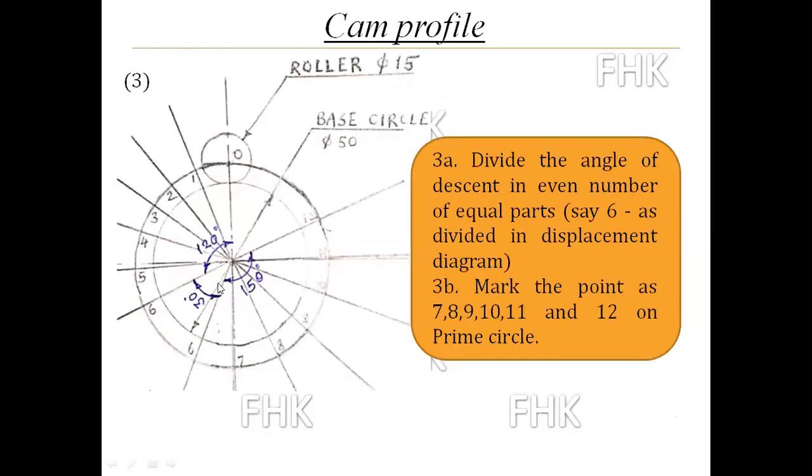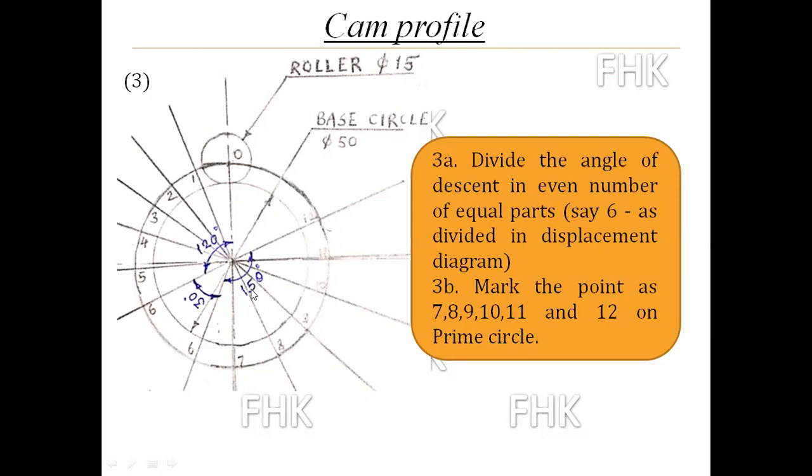Next step, as you divided the outward stroke into 6 equal parts, this will be the dwell period, so no division in the dwell period. But the return stroke is again with uniform acceleration and retardation, so divide that again into 6 equal parts as in the displacement diagram, and give the numbers again on the prime circle as 7, 8, 9, 10, 11 and 12.